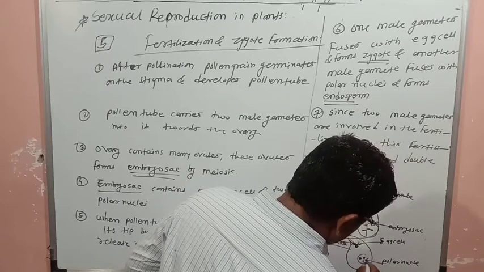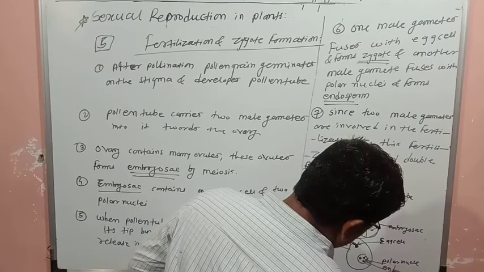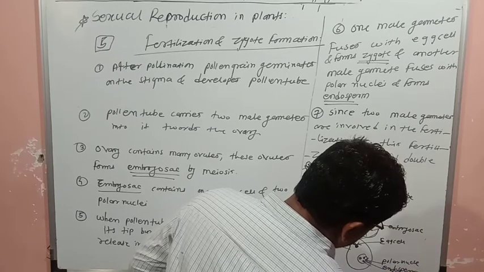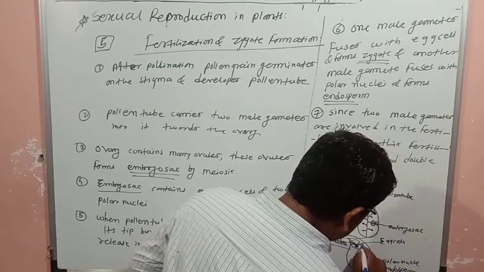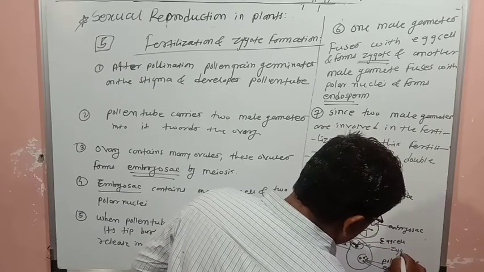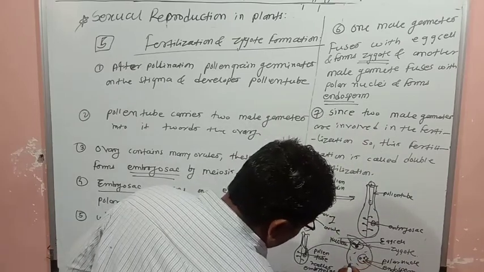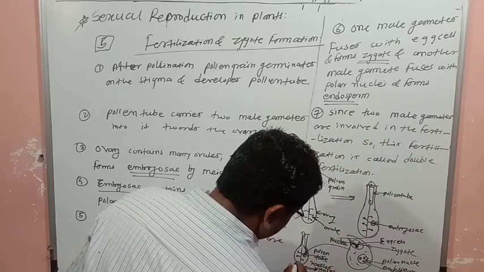So here fusion will take place. It will form the endosperm, and here it will form the zygote. This is the embryo sac.